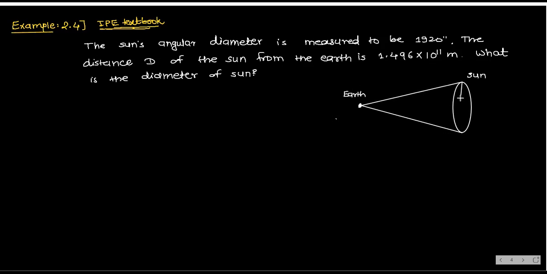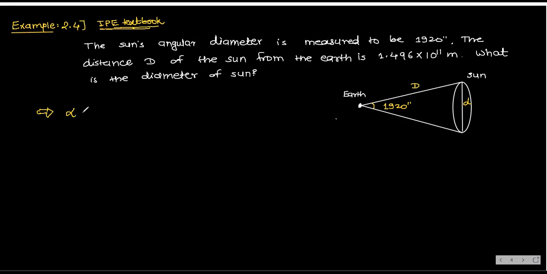Let us suppose this small d is the diameter of the sun, and this capital D is the distance from the sun to the earth, and this angle they have given, 1920 seconds.